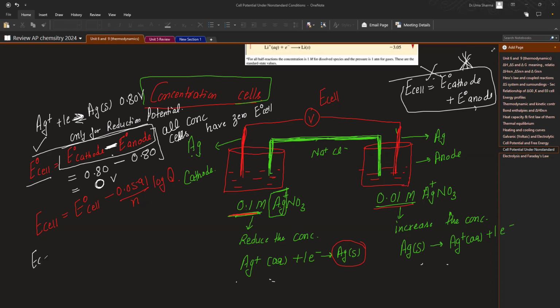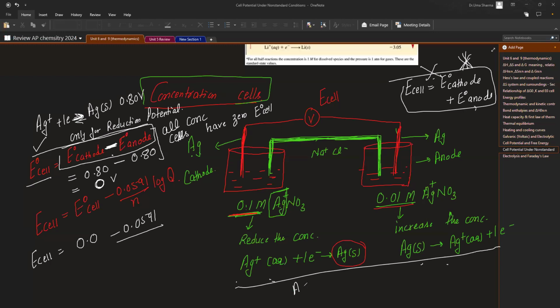So E cell is E naught cell, which is 0.0, minus 0.0591. What is N here, children? N? Yes, check. What is N? And write down the final equation.